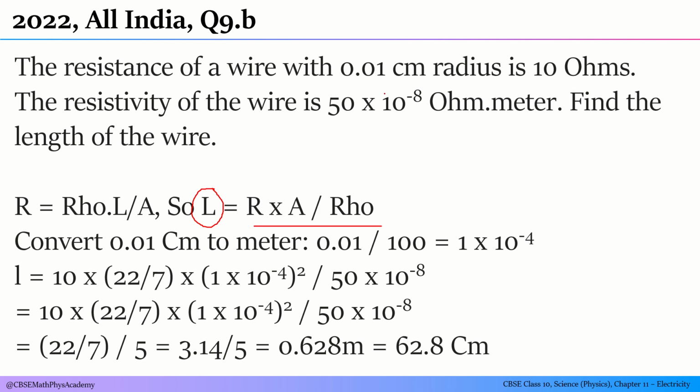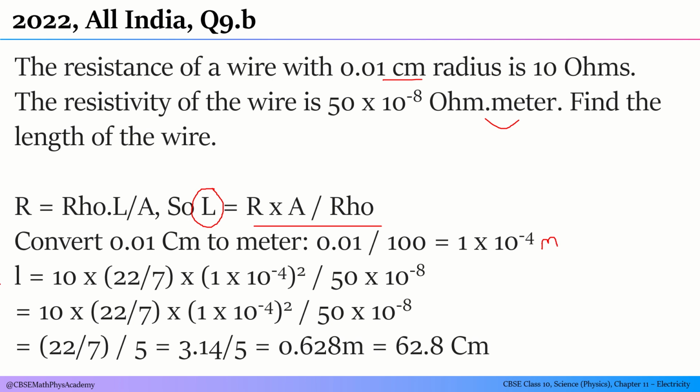This 0.01 centimeter I need to convert to meters, because the other units in the equation are in meters. So 0.01 divided by 100 is equal to 1 into 10 power minus 4 meters.